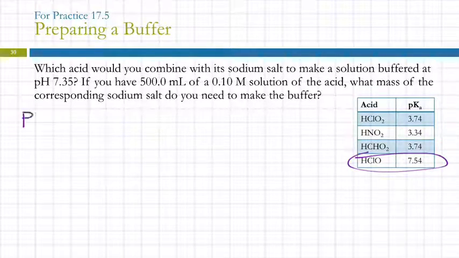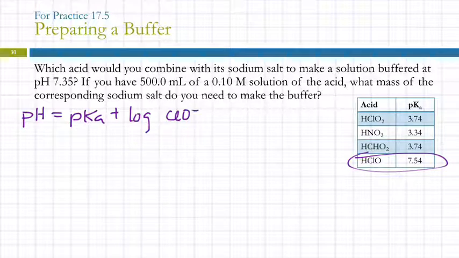So Henderson-Hasselbalch equation again. Whoops, that's not an equals, that's a plus. Log of the, so here the base is going to be the ClO minus, and the acid is HClO.